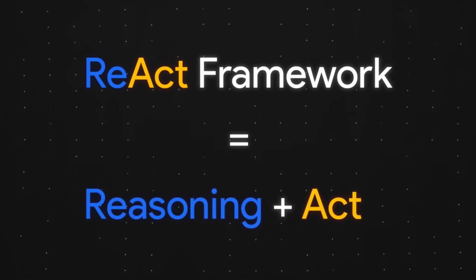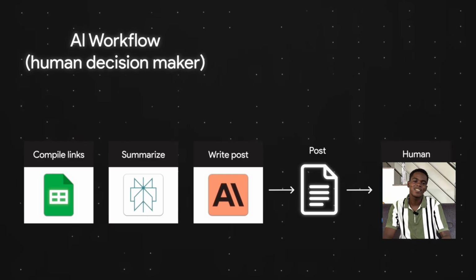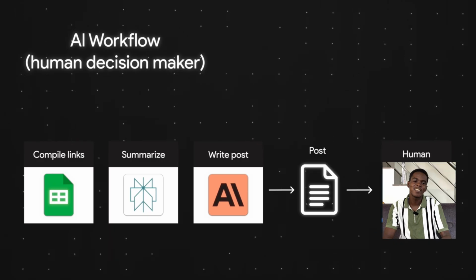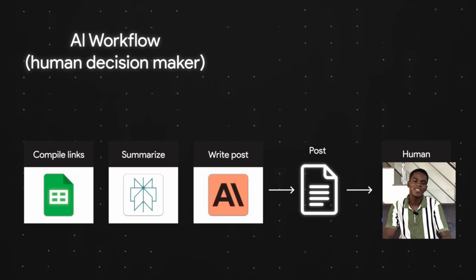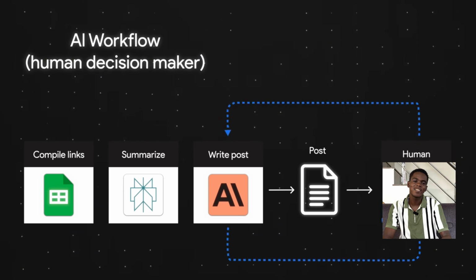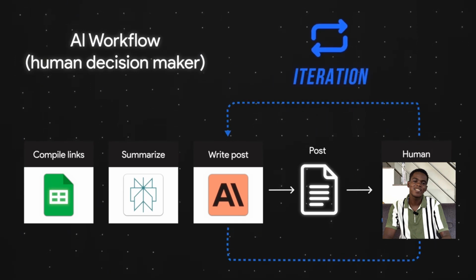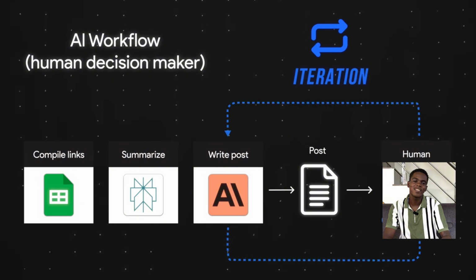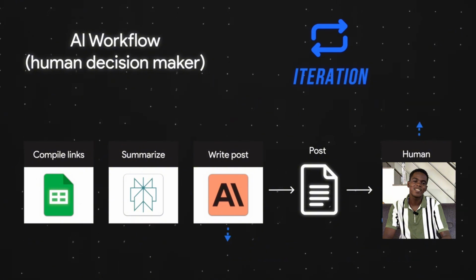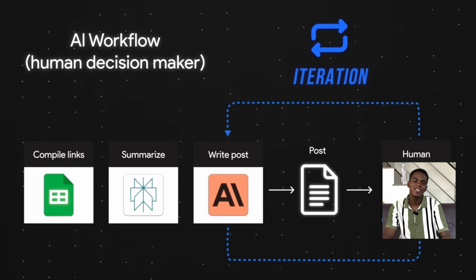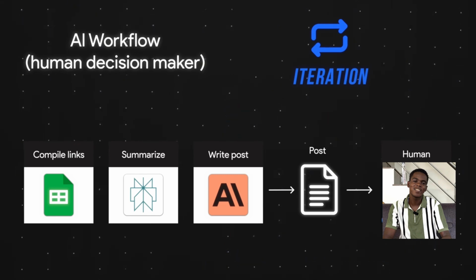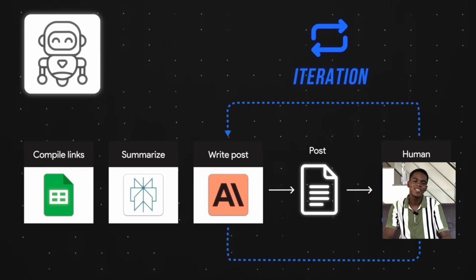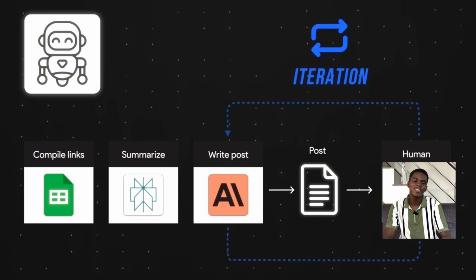A third key trait of AI agents is their ability to iterate. Remember when I had to manually rewrite the prompt to make the LinkedIn post funnier? I, the human, probably need to repeat this iterative process a few times to get something I am happy with, right? An AI agent will be able to do the same thing automatically. In our example, the AI agent would automatically add in another LLM to critique its own output.